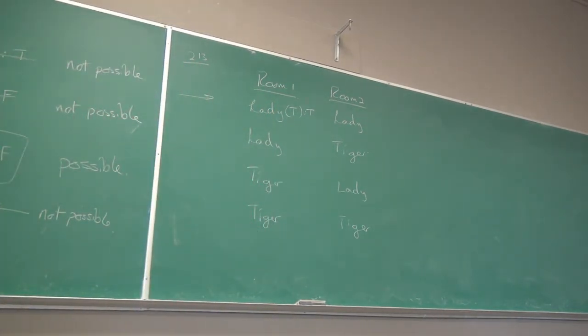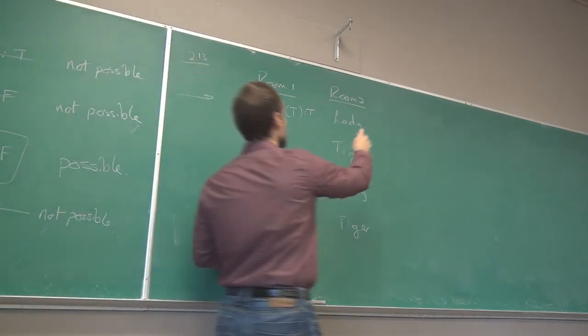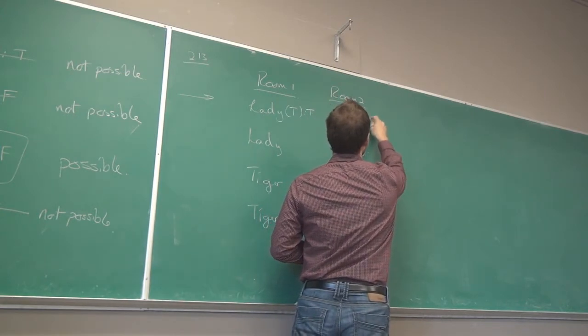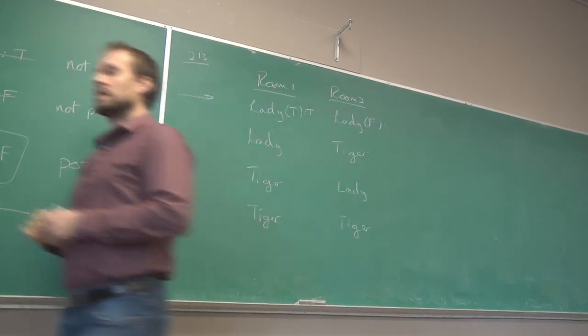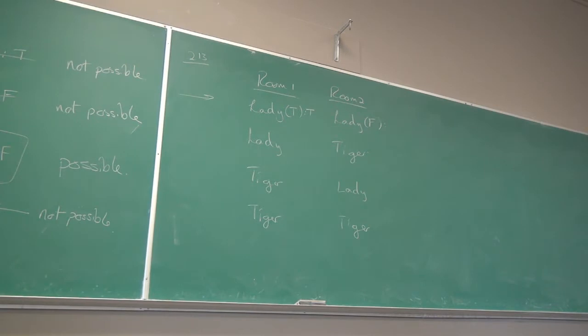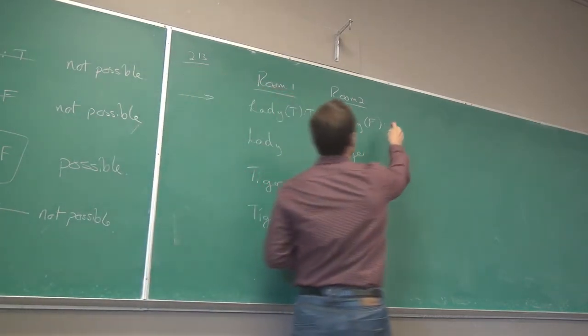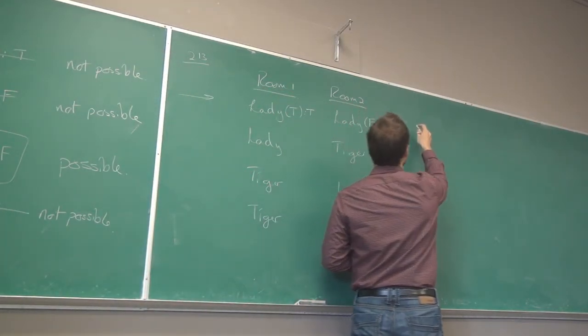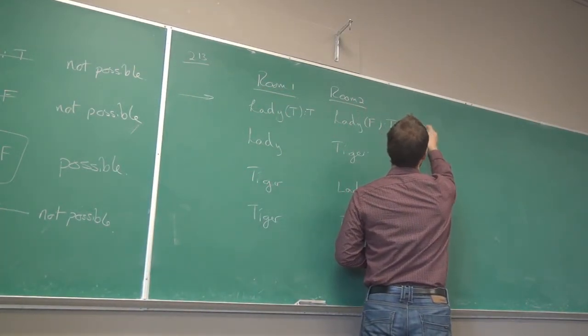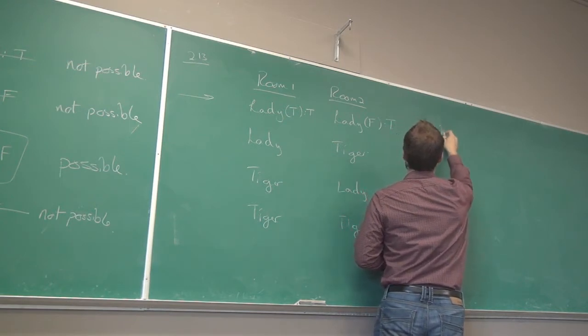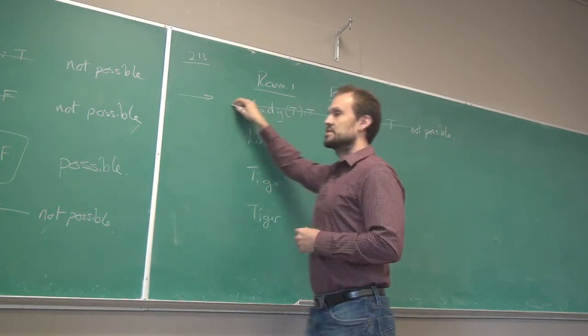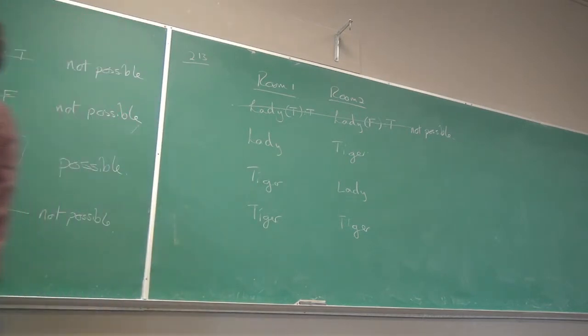If there is a lady in room 2, what should the sign be? False. Now let's see what it is. It says the other room contains a lady. True. Conclusion? Not possible. Sadly, the prisoner is out of luck. That is not what's happening.